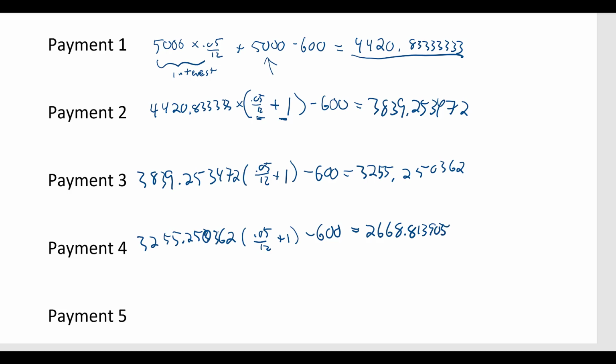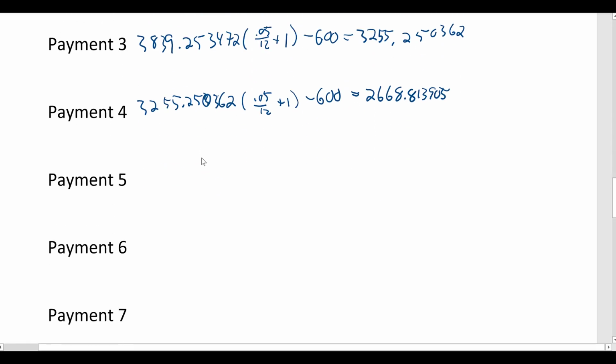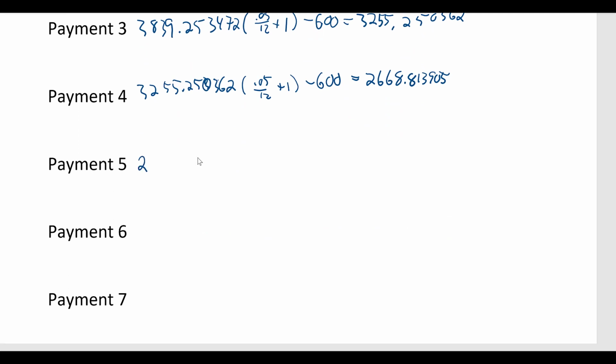Take that amount, 2668.813905 times again 0.05 over 12 plus 1 minus the $600 payment. That brings us to 2079.933963.